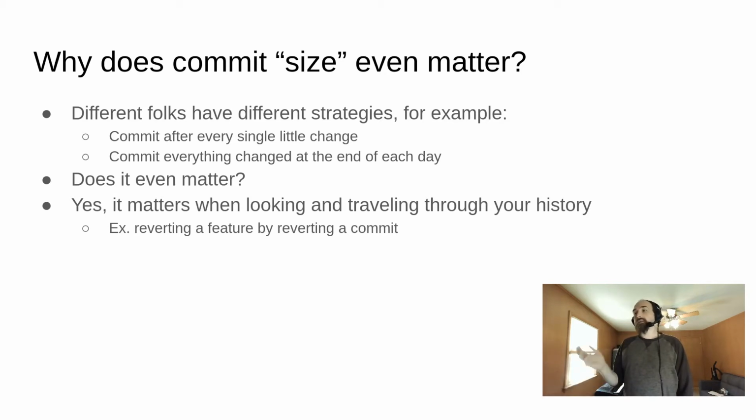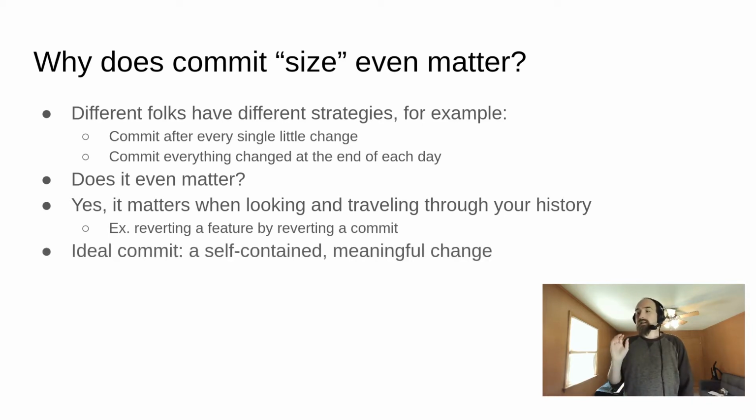Or conversely, if you're committing everything that's changed at the end of the day, you can't revert that day's whole commit because it includes other stuff beyond just the feature that you want to remove. So the ideal commit is self-contained and it's a single meaningful change. So two rules for that.